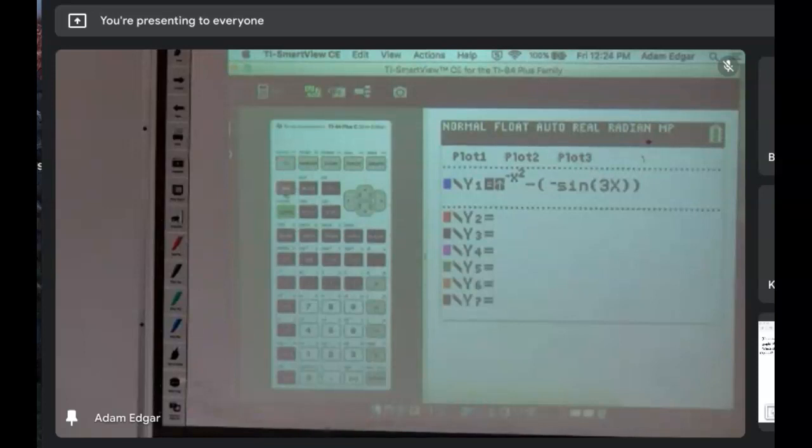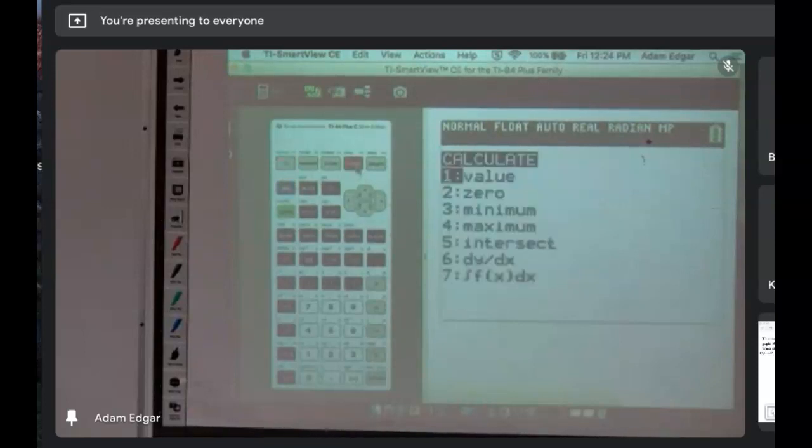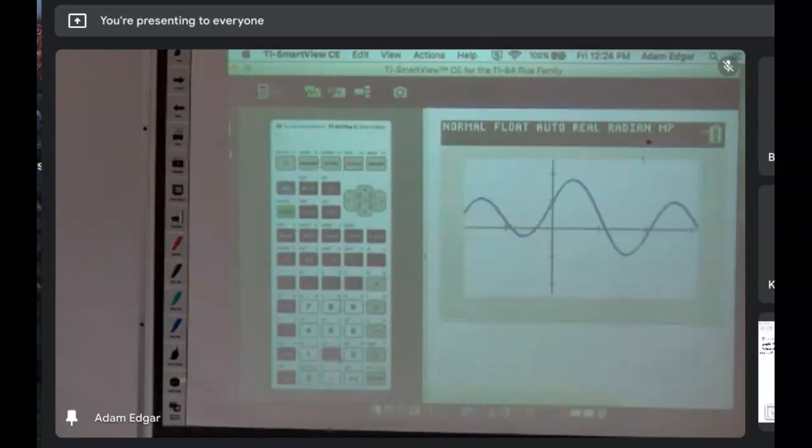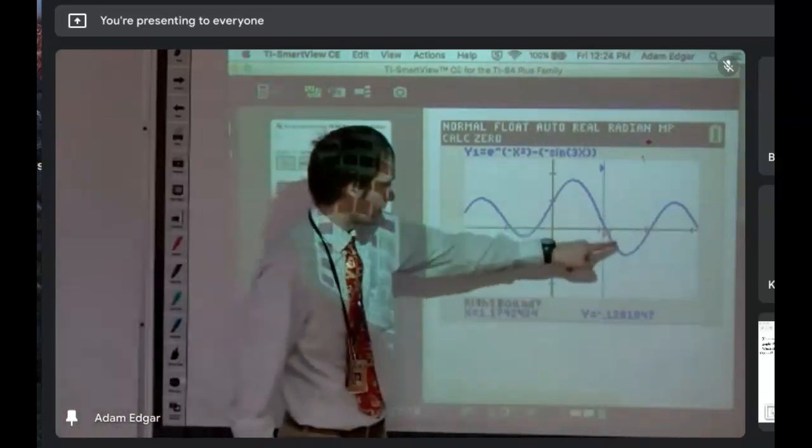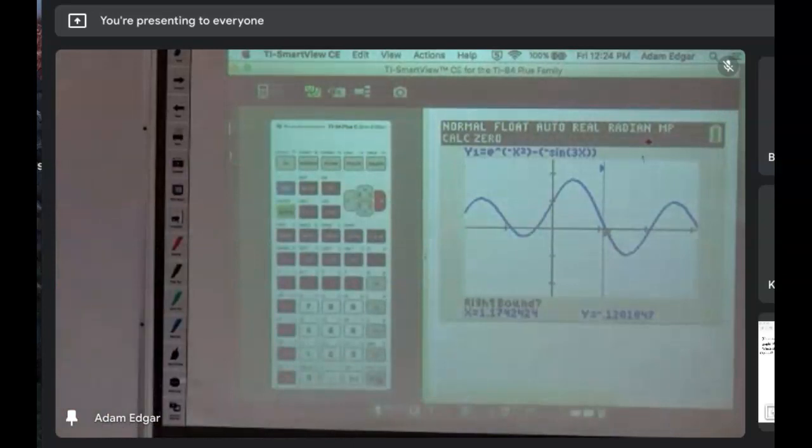In the calculator, I solve that with second trace, zero option, finding the first place where the graph hits x equals 0. I put the blinky dot a little bit to the left of the x-intercept, hit enter, a little bit to the right, hit enter, and then enter a third time. That's going to be my upper bound of integration.